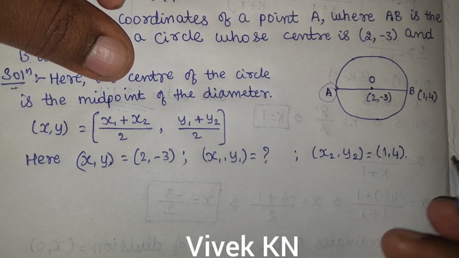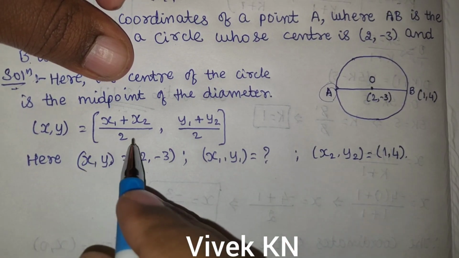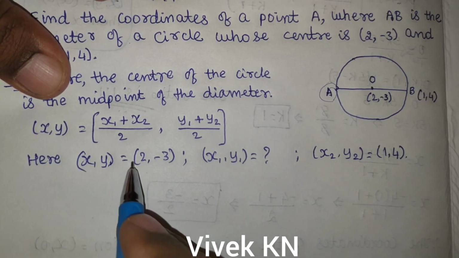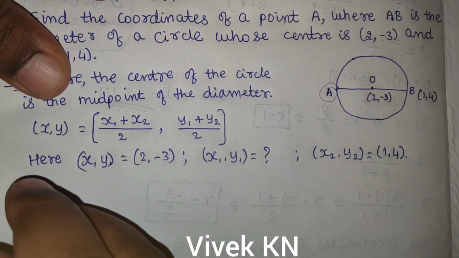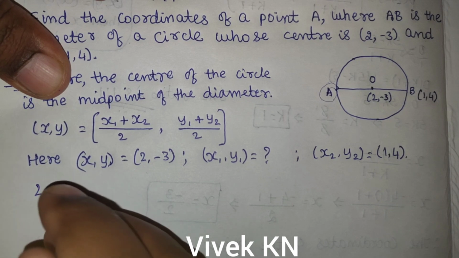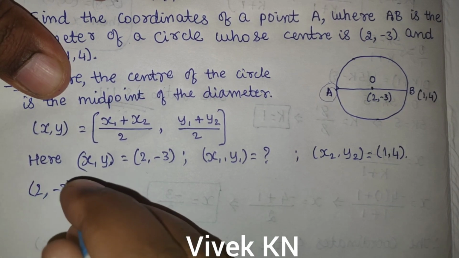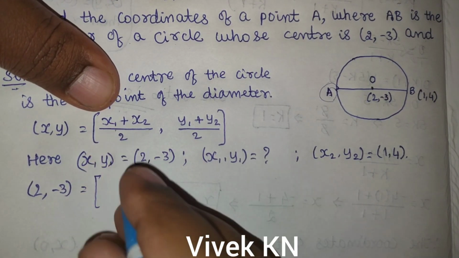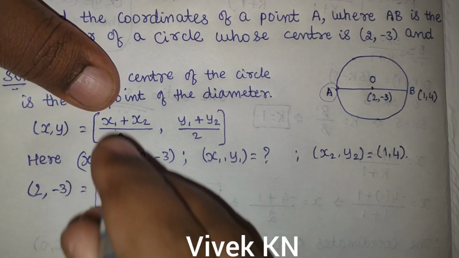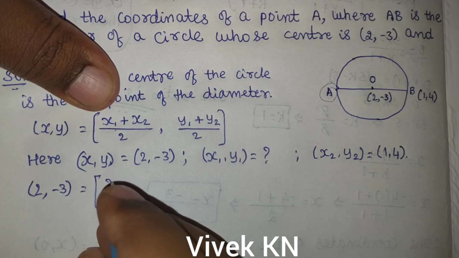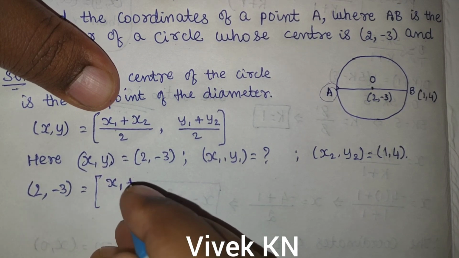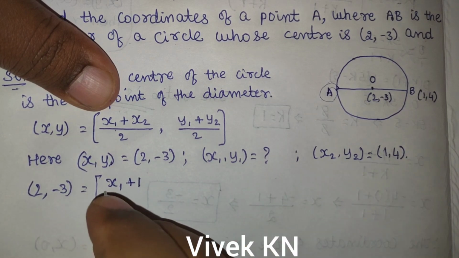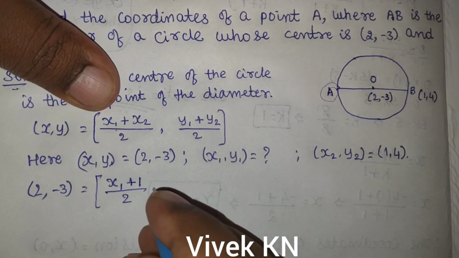Now let us substitute all these values in this midpoint formula. Here (x, y) is nothing but (2, -3). So (2, -3) is equal to ((x1 plus 1) divided by 2, comma, (y1 plus 4) divided by 2). The value of x1 we don't have, so we write x1 as it is plus the x2 value, which is 1, divided by 2.